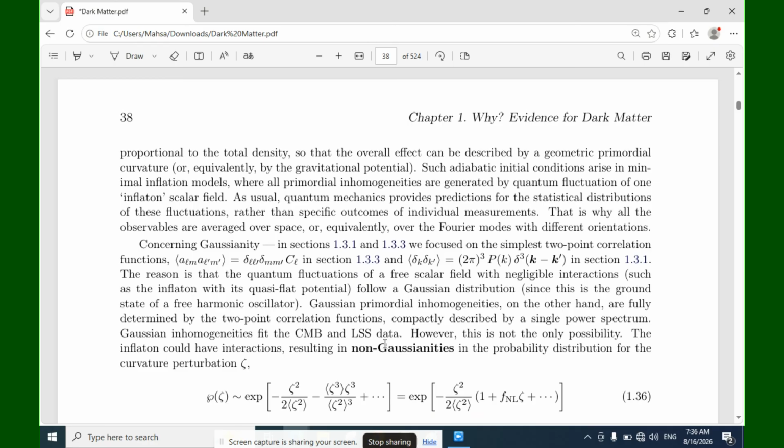Such adiabatic initial conditions arise in minimal inflation models, where all primordial inhomogeneities are generated by quantum fluctuations of one inflaton scalar field. As usual, quantum mechanics provides predictions for the statistical distributions of these fluctuations rather than specific outcomes of individual measurements.